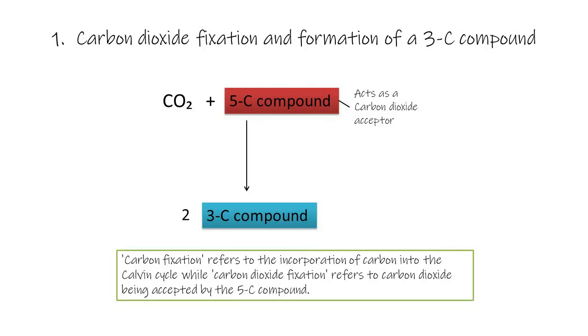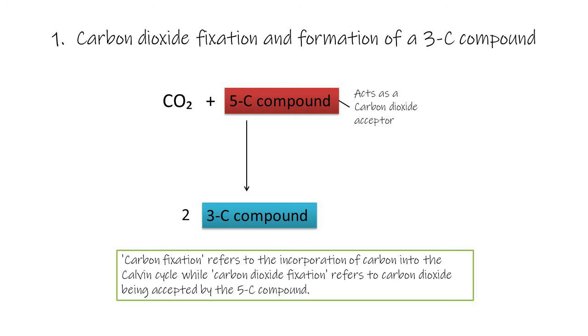Carbon dioxide fixation and the formation of a 3C compound. Carbon dioxide diffuses from the air spaces in leaves into the photosynthetic cell, and then into the stroma of the chloroplasts. Under the action of enzymes, a molecule of carbon dioxide combines with a molecule of a 5-carbon, 5C, compound to form 2 molecules of a 3C compound.